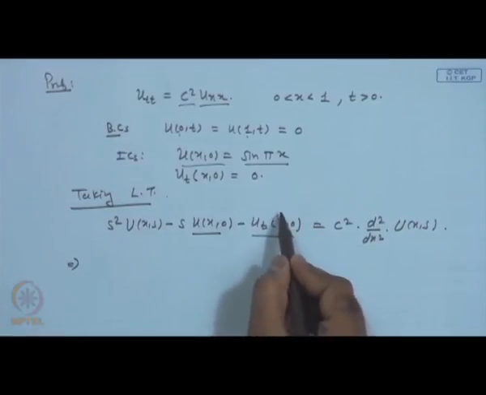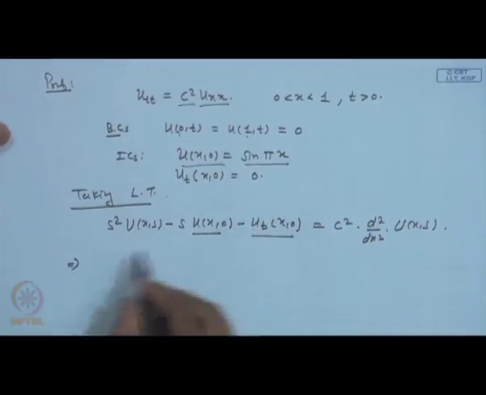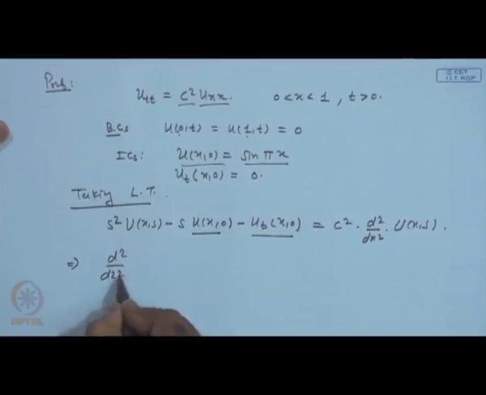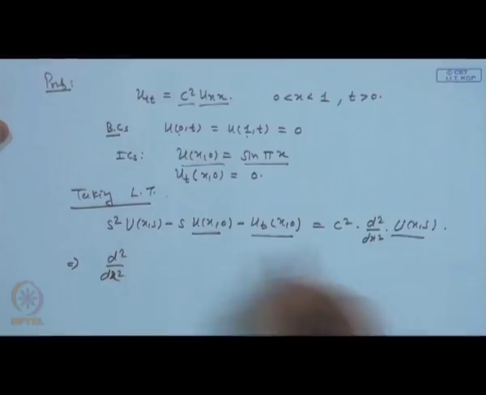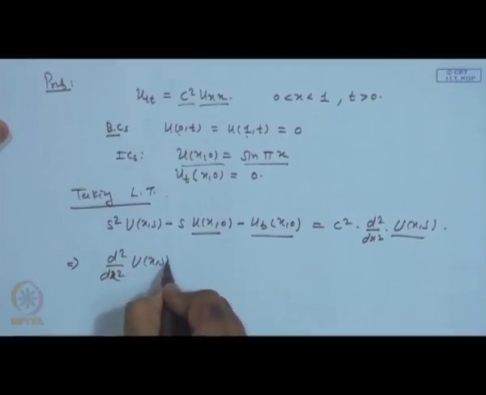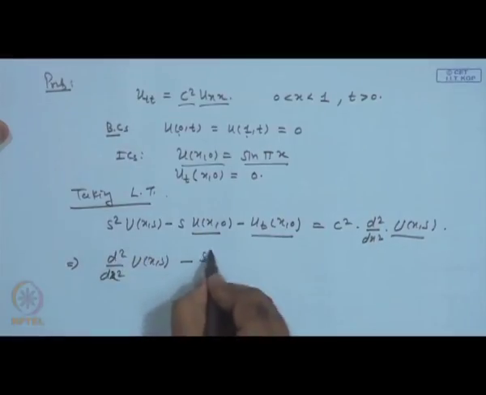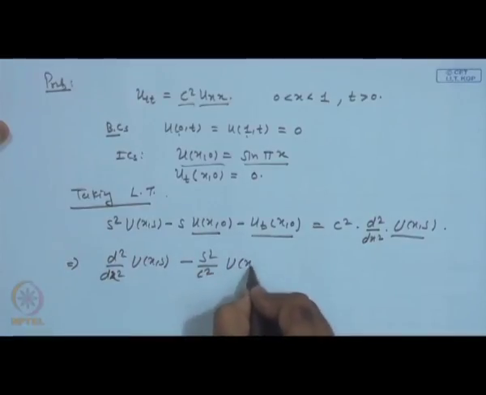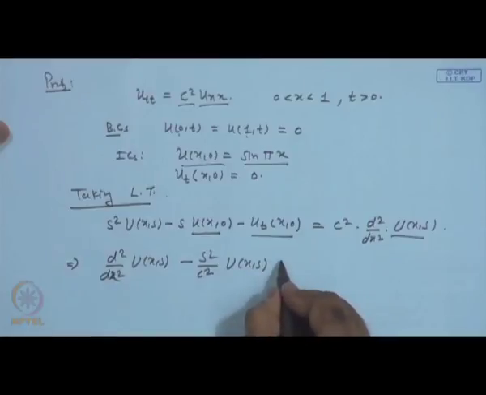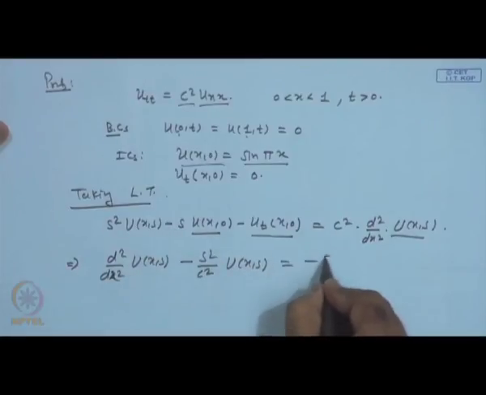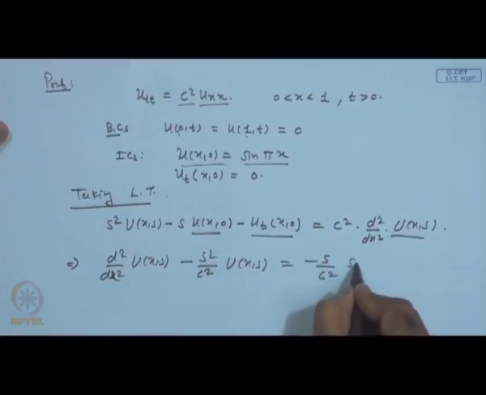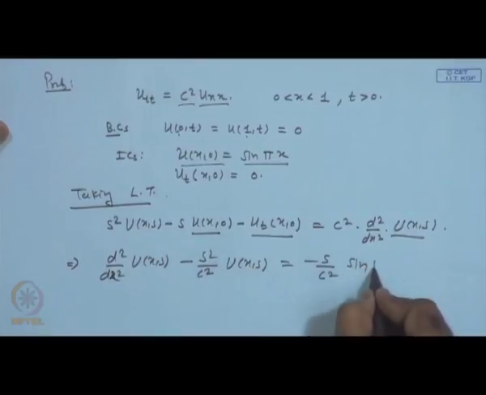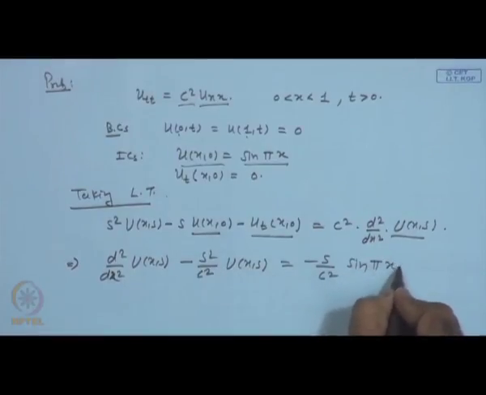So, here we get the 0 term, and so we have d2 over dx square of U(x,s) minus s square over c square U(x,s) equals minus s over c square sin pi x, the initial condition.